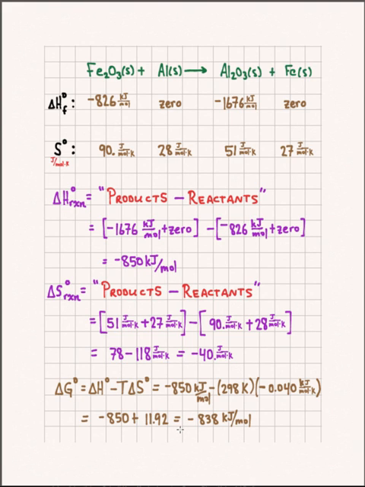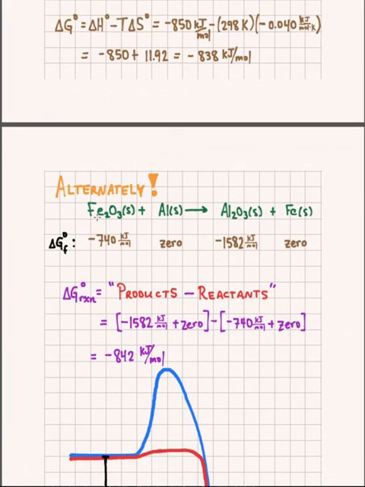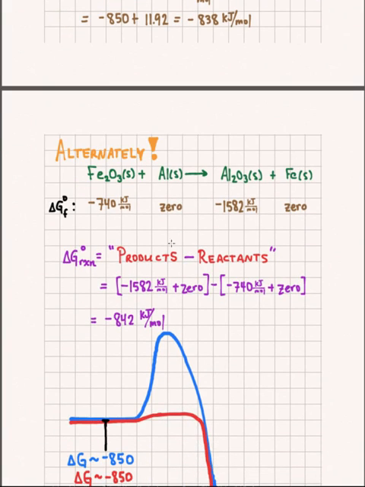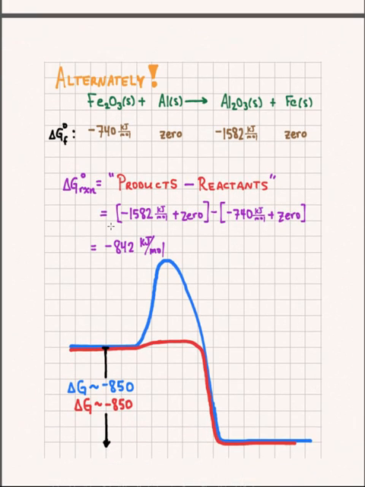But what we're telling you here with this new video is there's another way to do it. And the other way to do it is simply to look up and compare the free energies of formation of those compounds. This one's 0 and that one's 0 because they're pure elements. But the free energy of forming this from aluminum and oxygen, and the free energy for forming this, the iron oxide. And so believe it or not, it equates down to basically the same thing, or very close to the same thing.